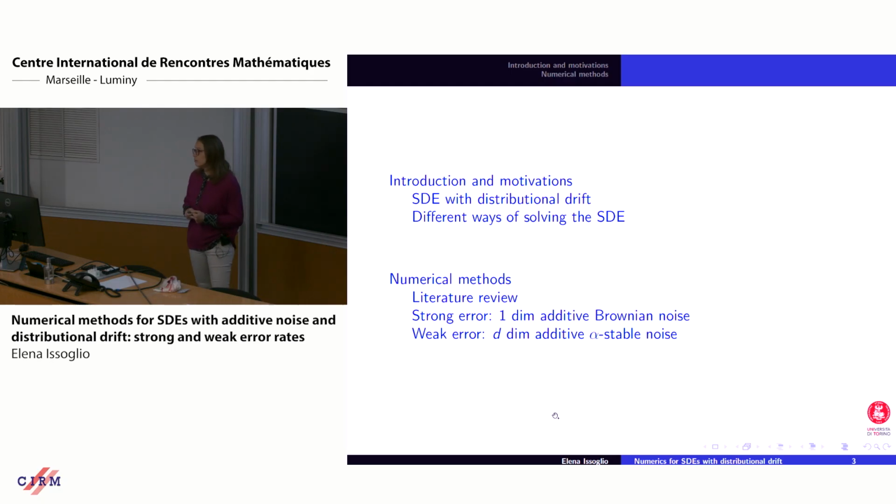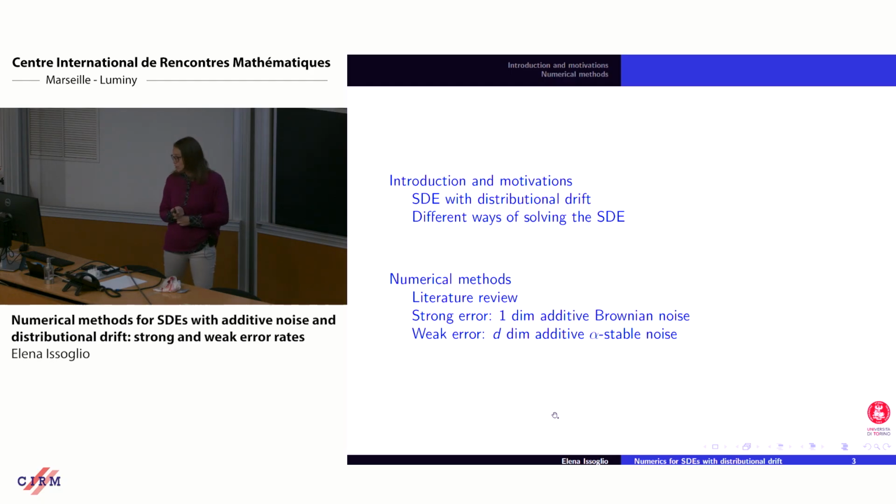I want to focus on SDEs with distributional drifts. Of course, there's a lot of literature on numerics for SDEs, also for numerics for SDEs with irregular coefficients, but I really want to focus on the ones with distributional coefficients. And then I will present the main results that we have. One is about strong error.